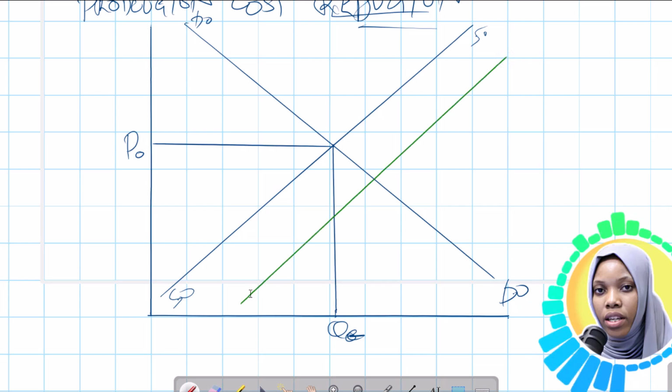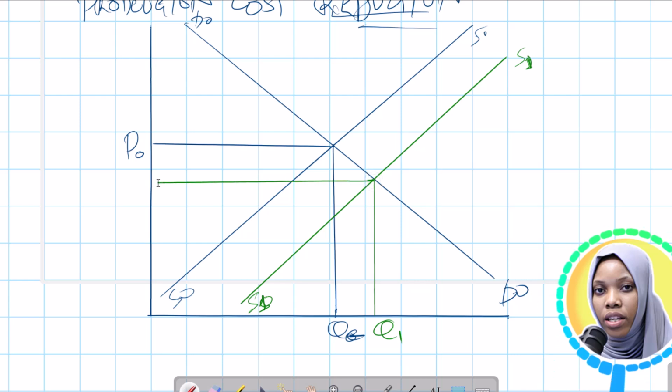Our new supply curve, because supply has increased, is S1. Our quantity is going to increase, this is Q1, but the price is going to reduce like that.